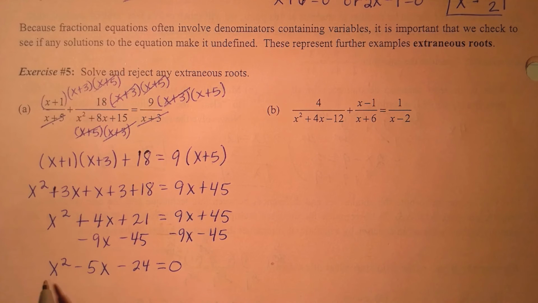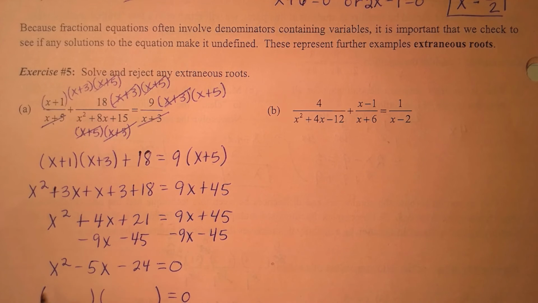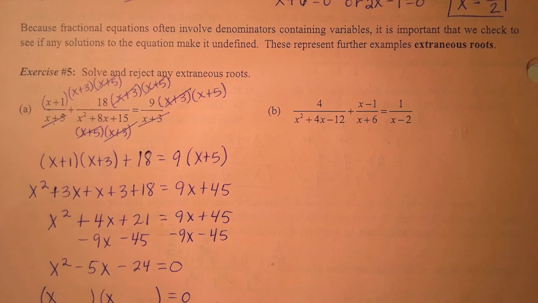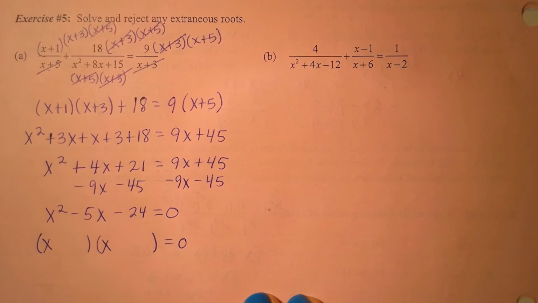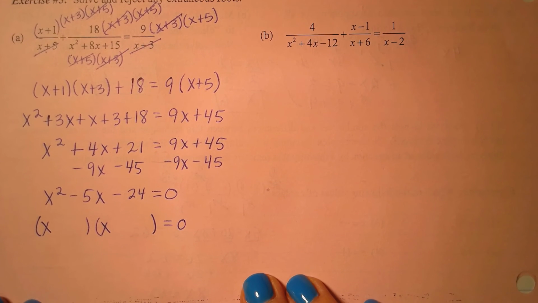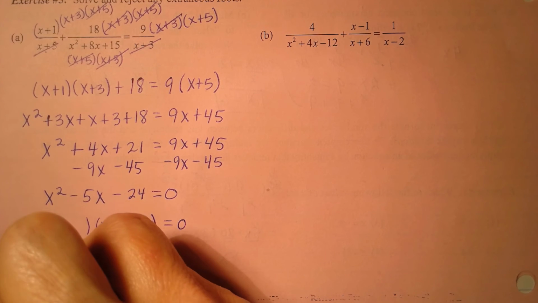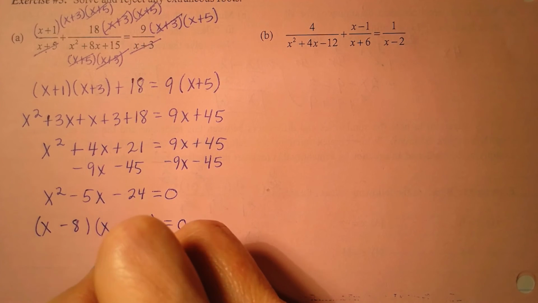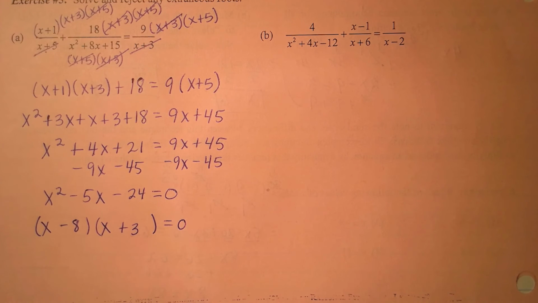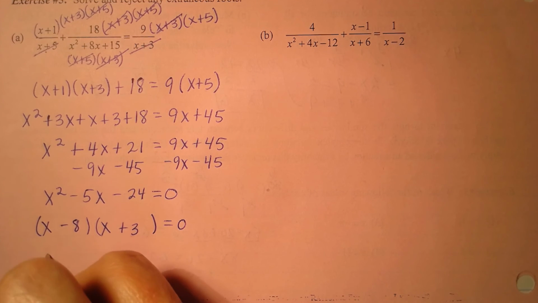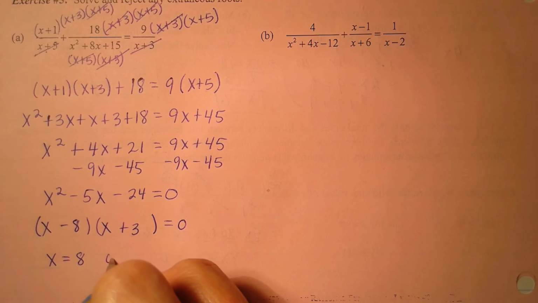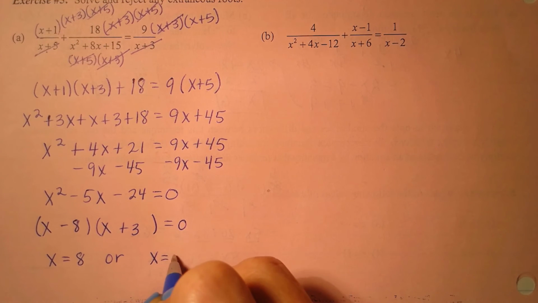We need to factor this trinomial, so we need two binomials, an x and an x. Now we need two numbers that multiply together to be negative 24 and add together to be negative 5. So x minus 8 times x plus 3 will be our factors. So either x equals 8 or x equals negative 3.